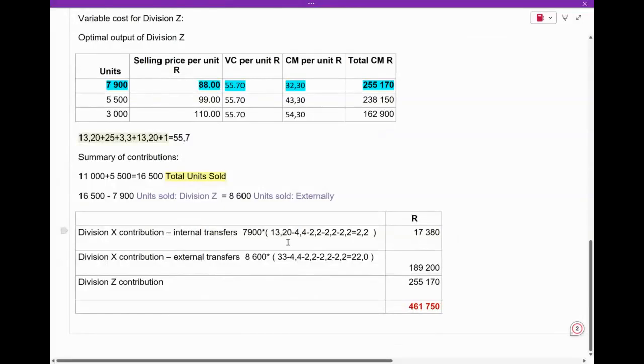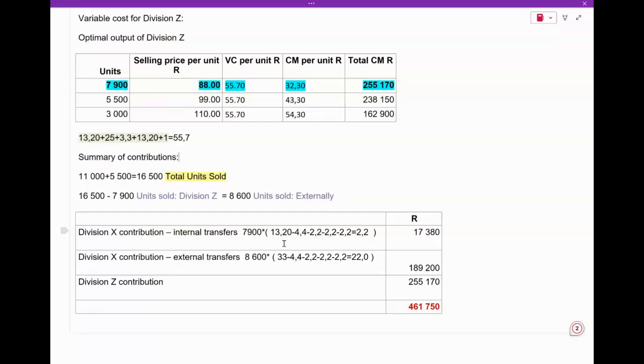Internally, remember they're selling this time only for 13 Rand 20, and then minus their variable costs on that component, which will leave you at a contribution margin of 2 Rand 20 cents. So 2 Rand 20 cents times your 7,900 is what's getting you to the 17,380. Then they also have the external sales, okay? 8,600, okay? You're still selling it at 33 Rand.